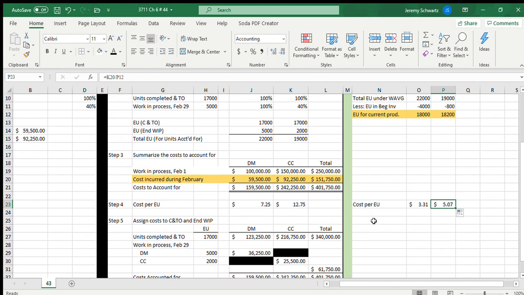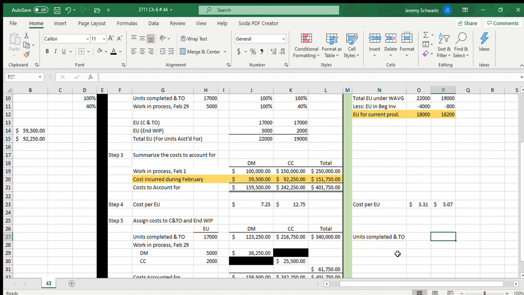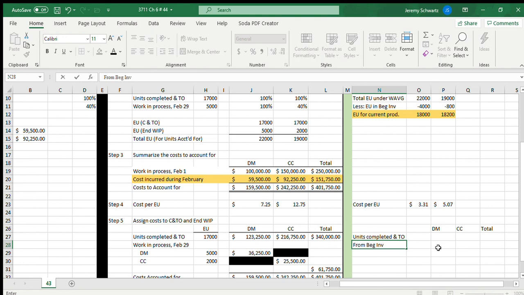So that will be the approach that we'll take as far as the cost per equivalent unit is concerned. So that when we get to step 5, when we have our units completed and transferred out, we're going to have a couple different costs to deal with here. So when we deal with our direct materials and conversion costs in total, first we'll have from beginning inventory.